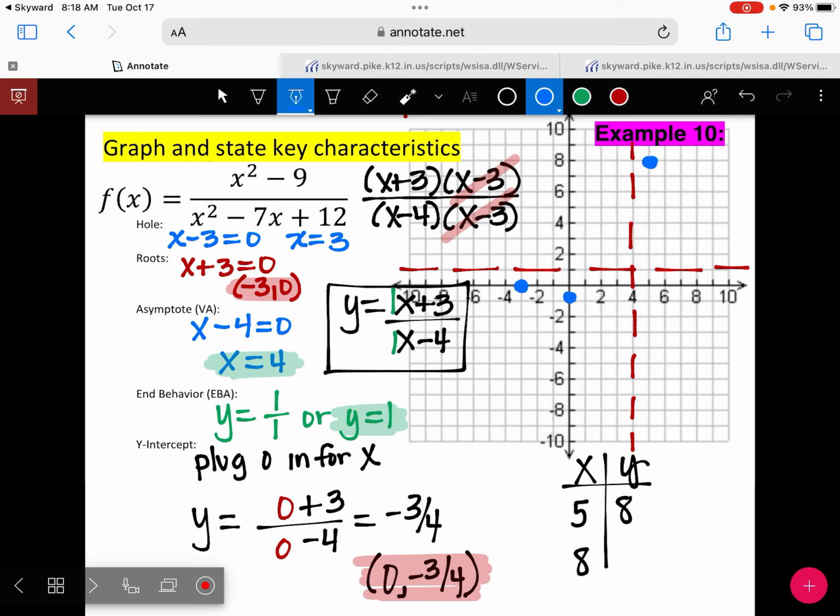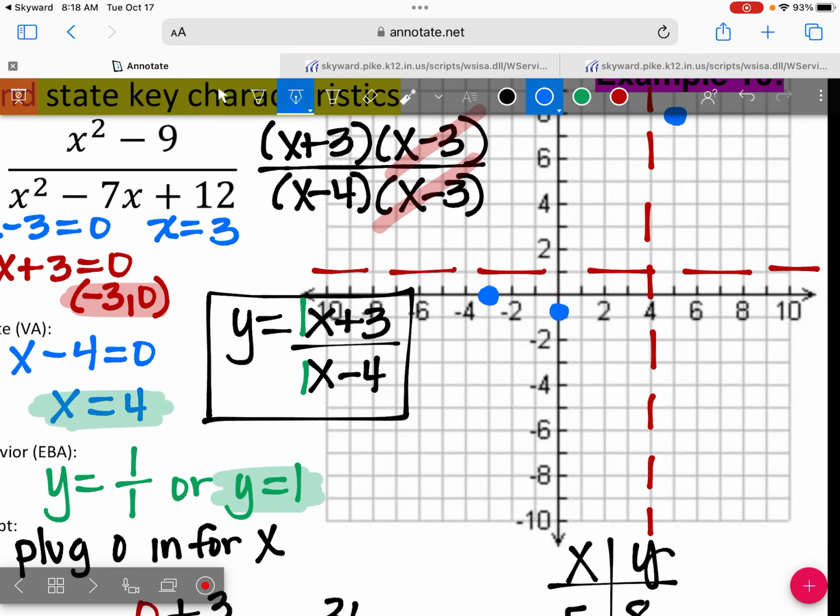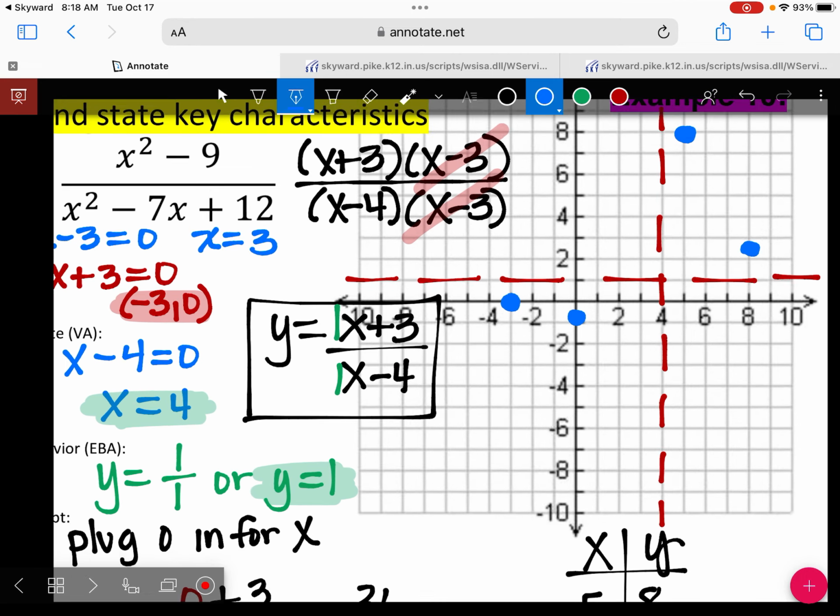So 11 divided by 4 is going to be a decimal. That's about 2.75, which is right above your horizontal asymptote. So at the 8, we're going to go to 2.75, which is right under the 3.